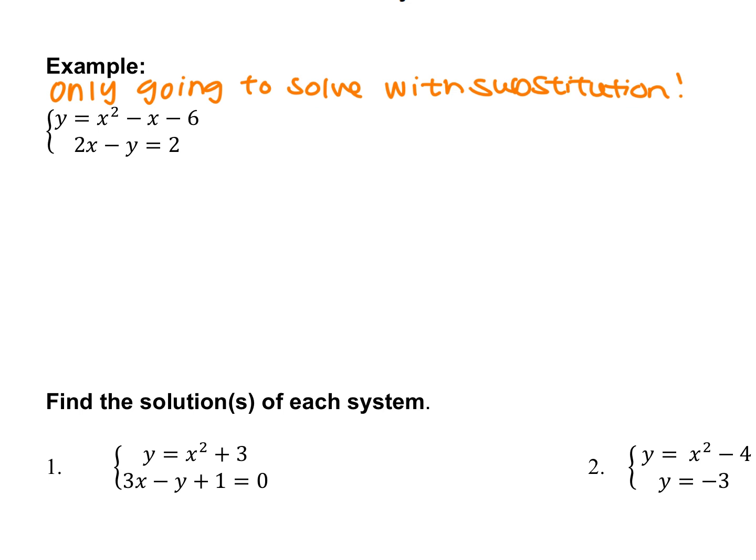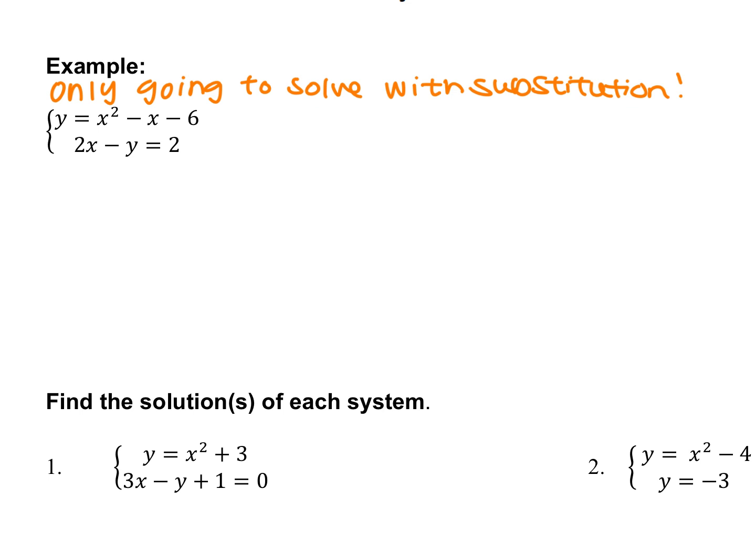With these ones, it's more of a preference. With this one, I pretty much never want to solve for x because normally x is where the square is, and I would like to avoid having to solve and take a square root. So normally I'm going to solve for y.